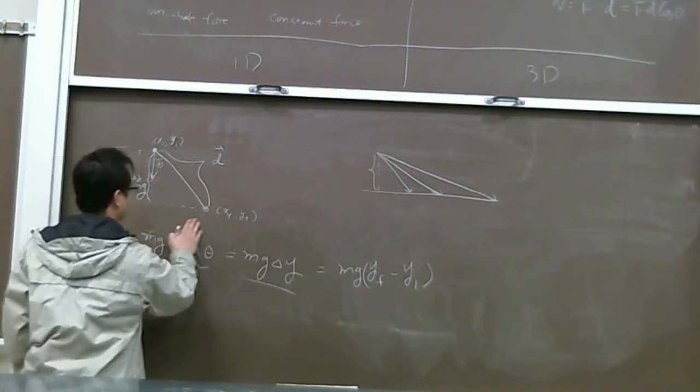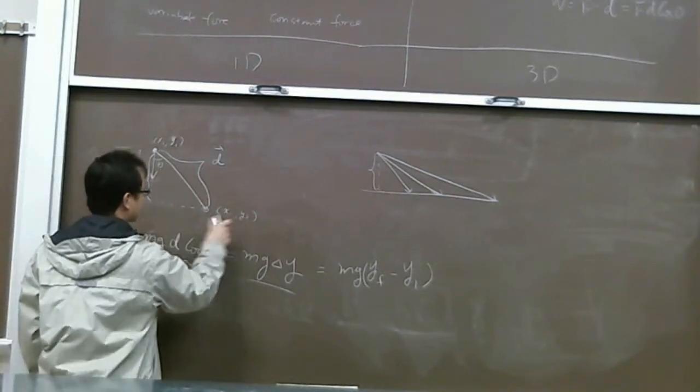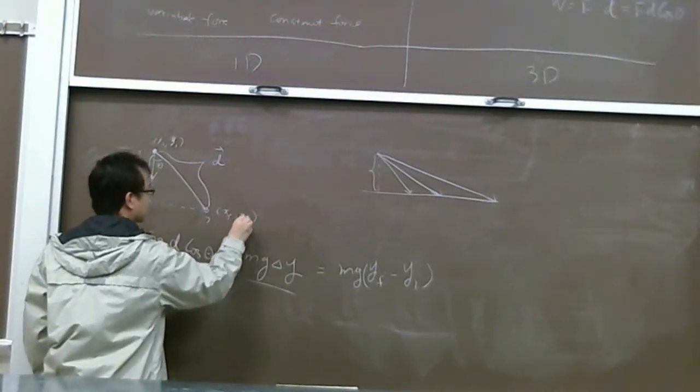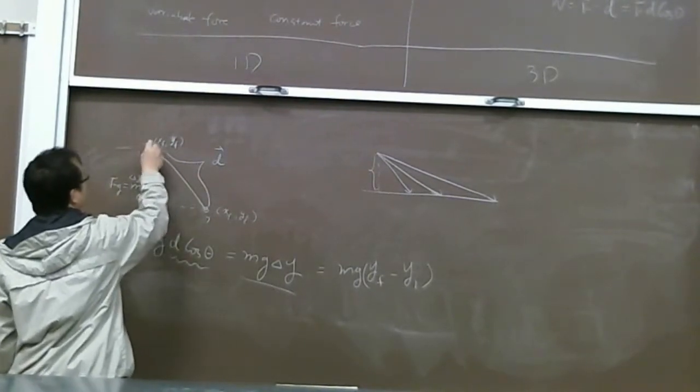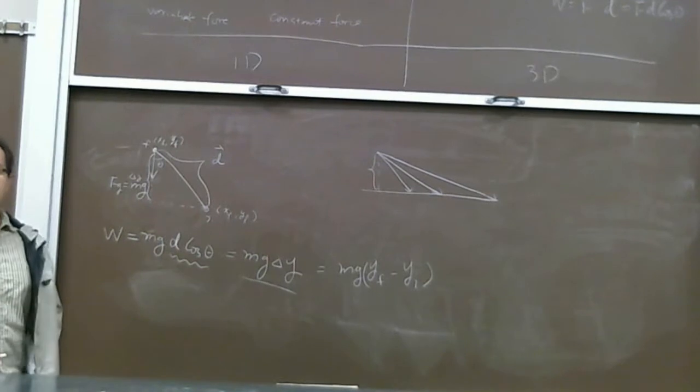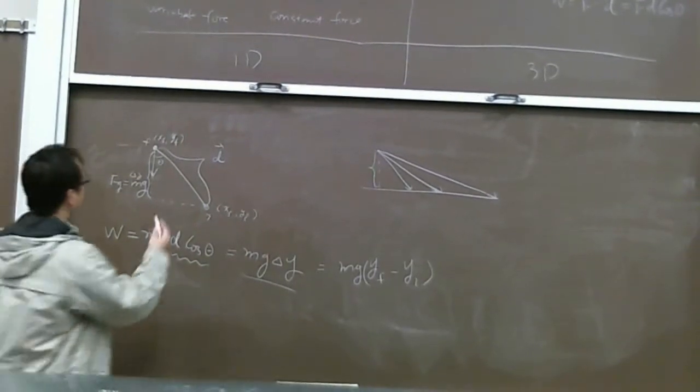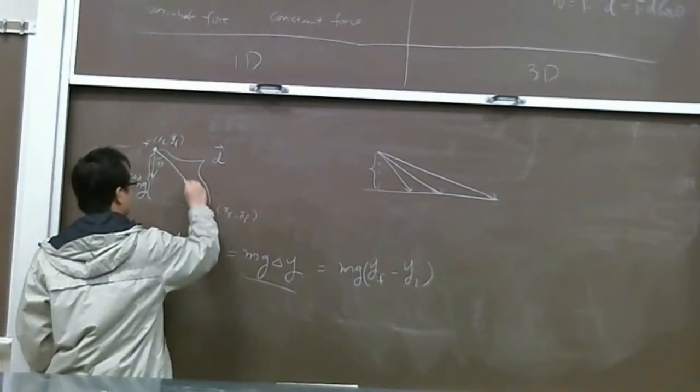Okay, so here, in fact, I should say this is my initial position. This is my final position, because usually we say the final position is higher than the initial position. So the distance is this direction.